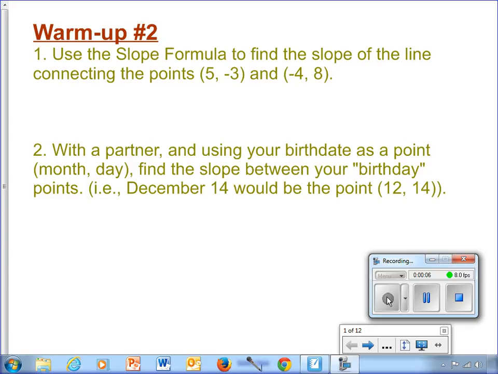This is Tuesday, November 5th, and we have warm-up 2 as well as lesson 5-2 regarding direct variation.